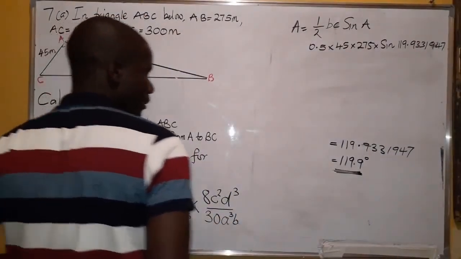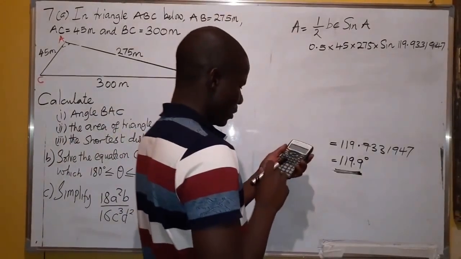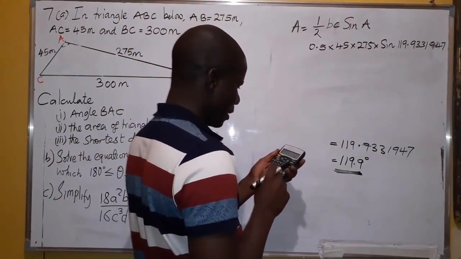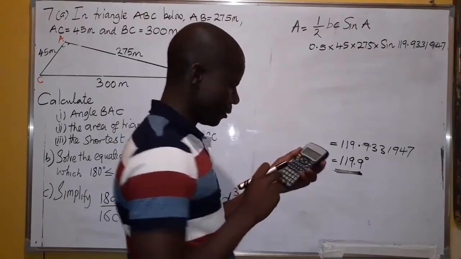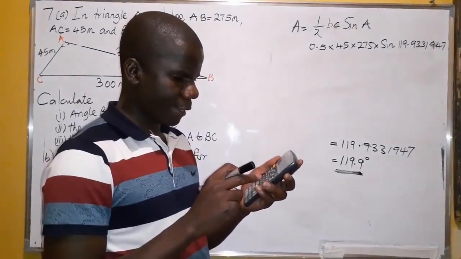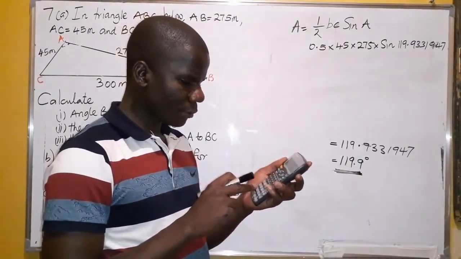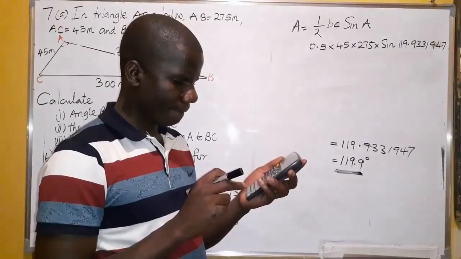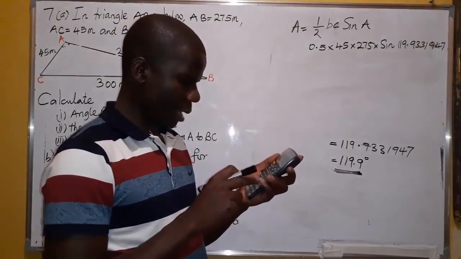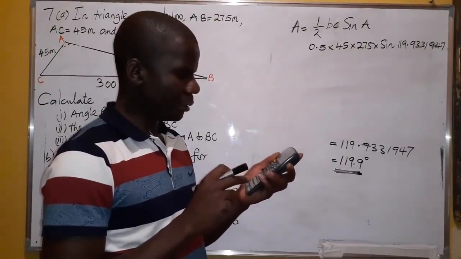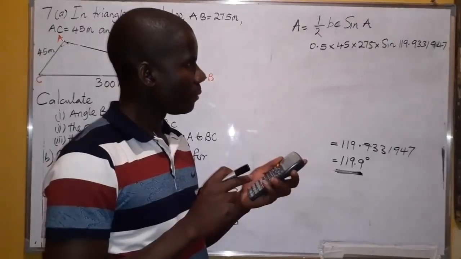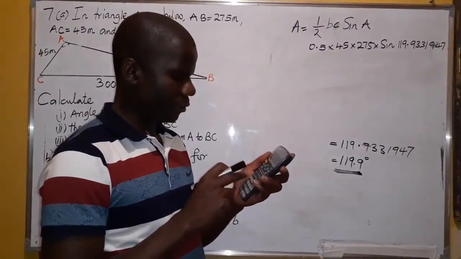Having done that, the rest of the work, the calculator is going to do the work. Half multiplied by 45 multiplied by 275 multiplied by sine 119.9331947.